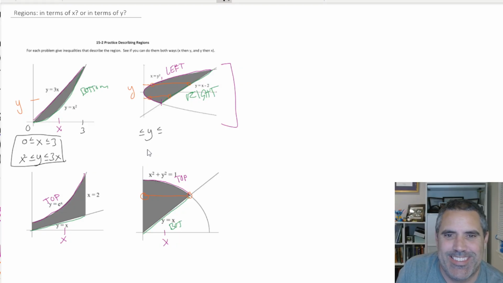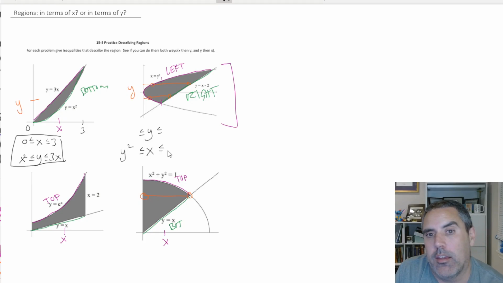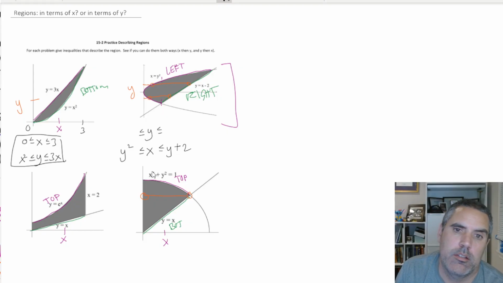But I can say that X is between Y squared on the left and Y plus 2 on the right. Y must go from -1 to some other value. Having trouble seeing it. X from 0 to 2.